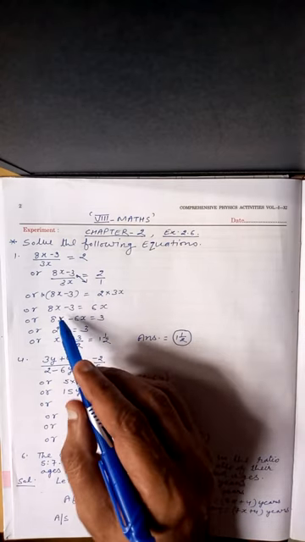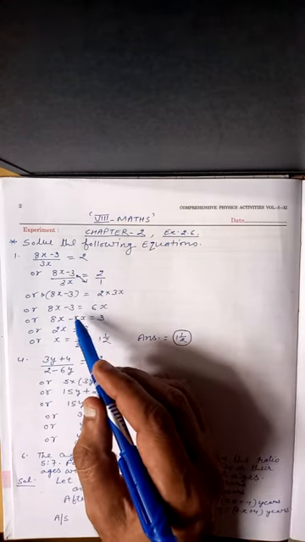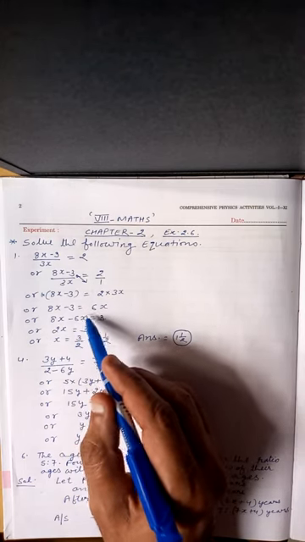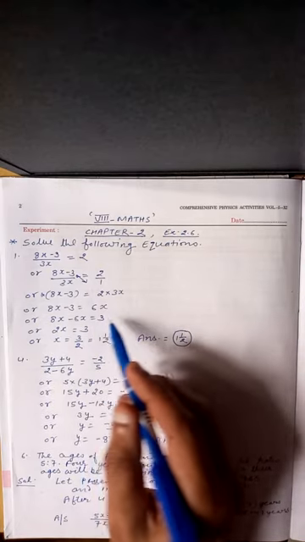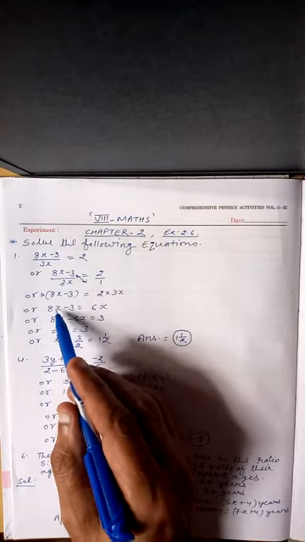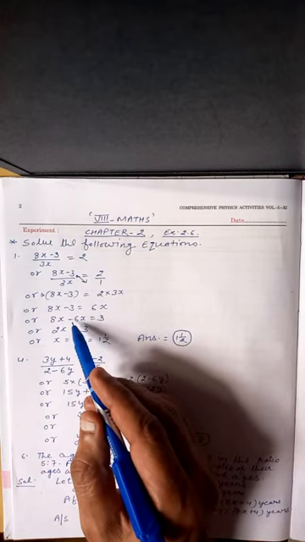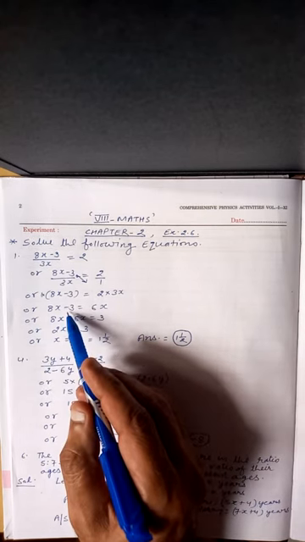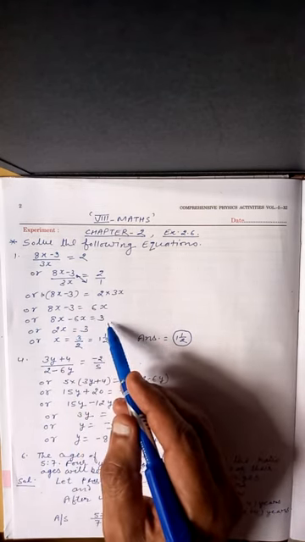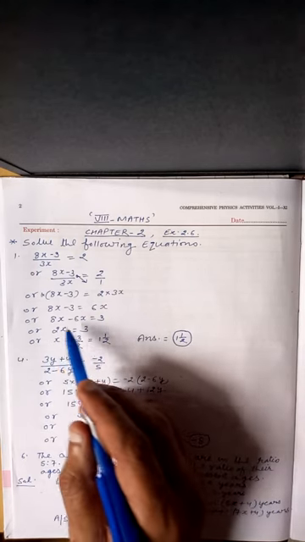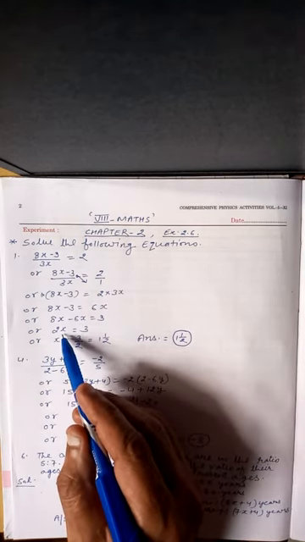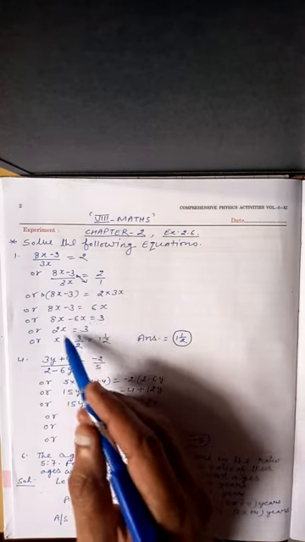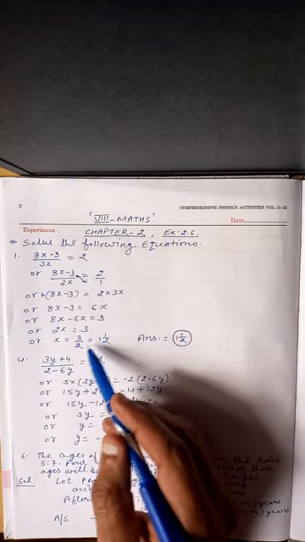Now the terms with variable we will bring to the left side and the constant terms will be brought to the right hand side. So 8x and 6x will become minus 6x is equal to minus 3 will become 3. 8x minus 6x is equal to 2x is equal to 3, or x is equal to 3 divided by 2 is equal to 1.5.